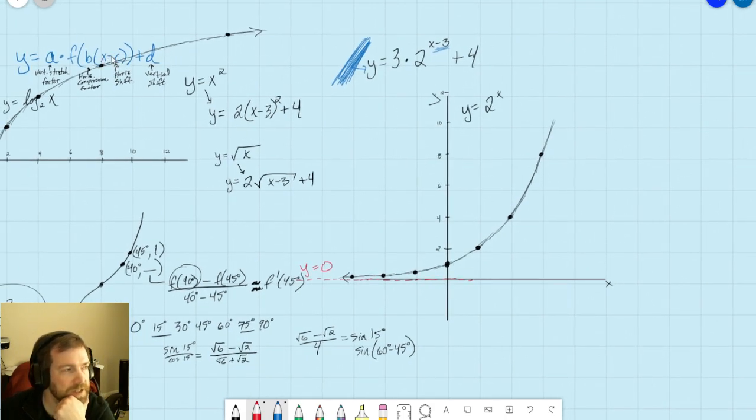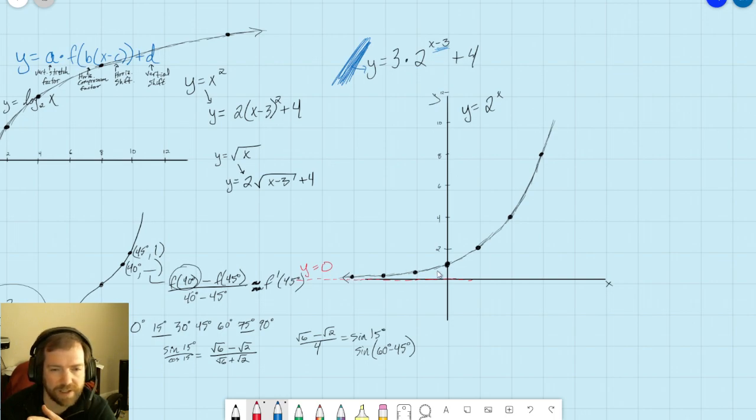So x minus c is telling us that this is going to be a horizontal shift. How does that work exactly? Well, if you think of it in terms of what this is really doing, we're taking whatever our exponent is and we're subtracting 3 from it. So we're saying, okay, treat the value at x equals 0 as if it had an exponent that was 3 smaller.